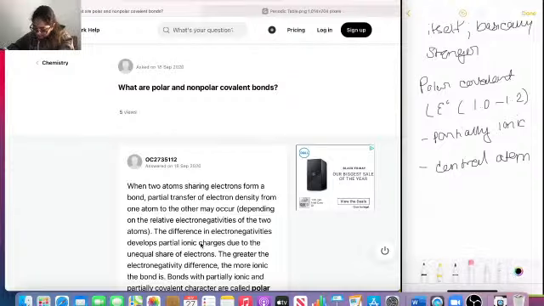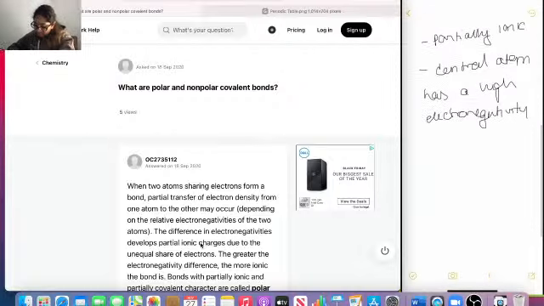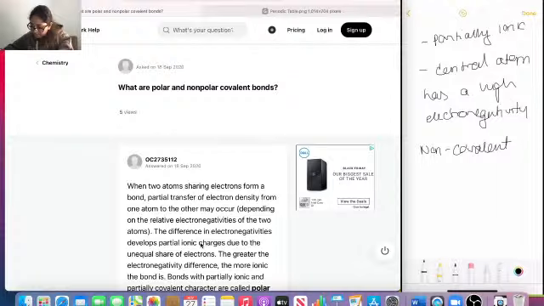It has a high electronegativity, so the difference between those two would be really high, whereas when we're talking about non-polar covalent, this is usually when the electronegativity is the same between the two atoms, or close.